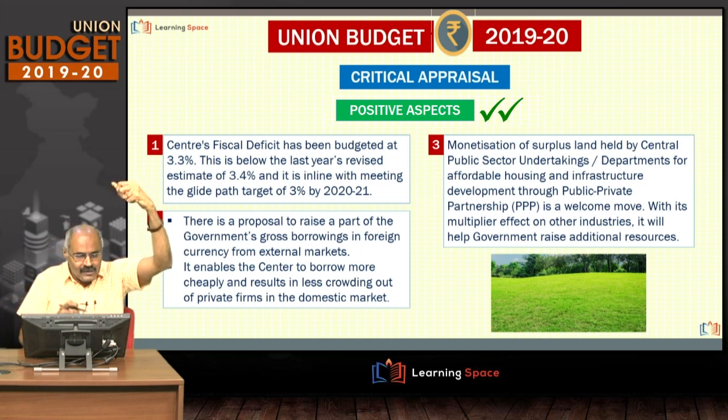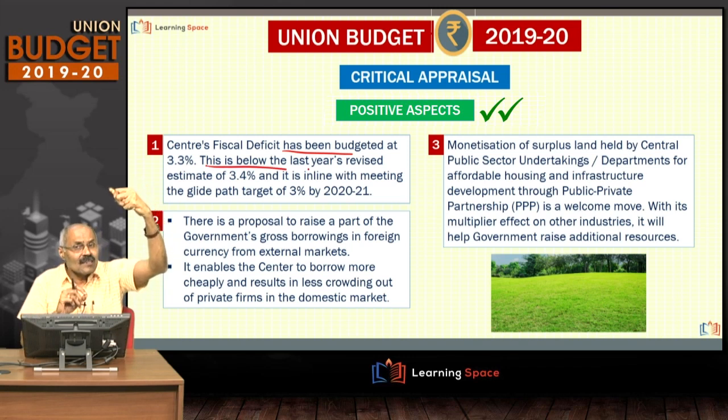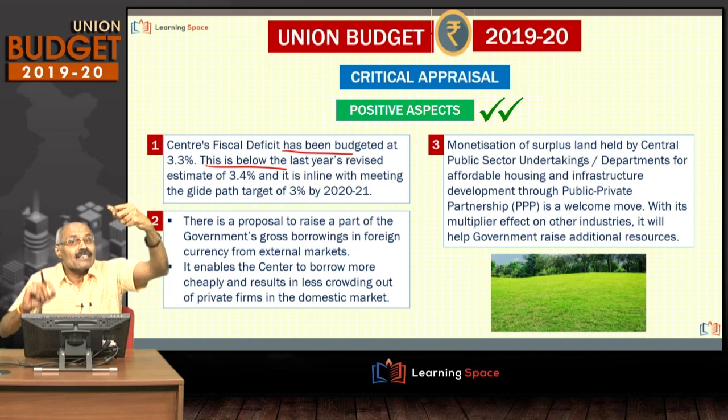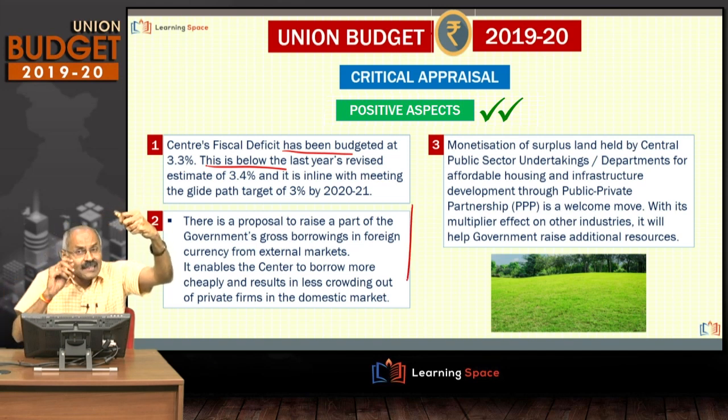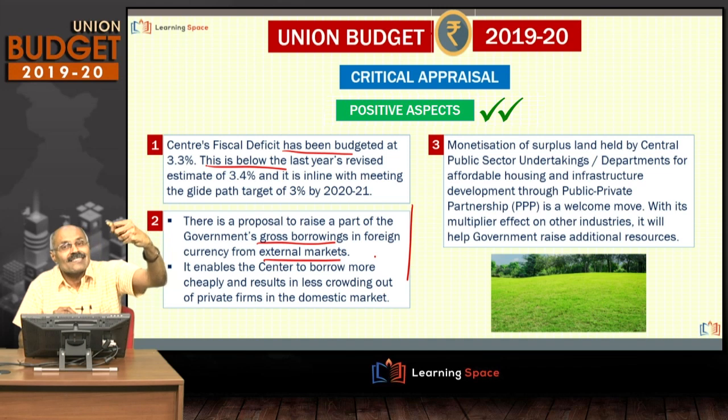First one is the centre's fiscal deficit is budgeted at 3.3%. It is in the right tone so as to reach 3% by 2021. The second important aspect is there is a proposal to raise part of the government borrowings from the external markets. Because of that, there are a number of advantages.